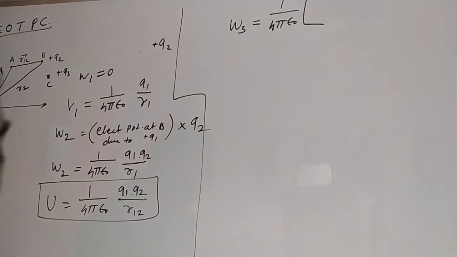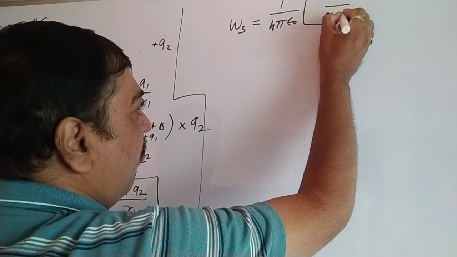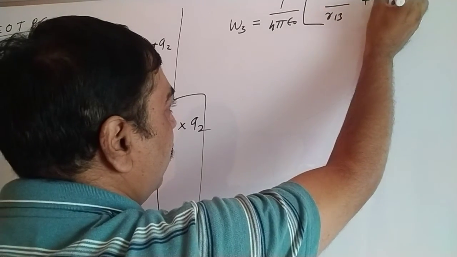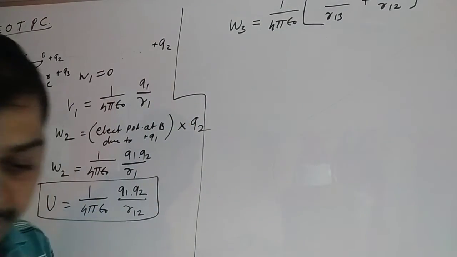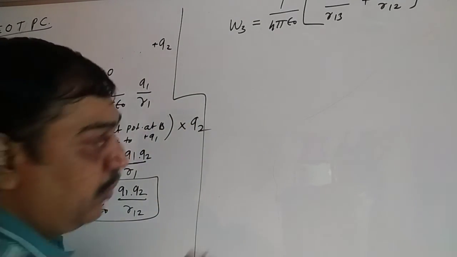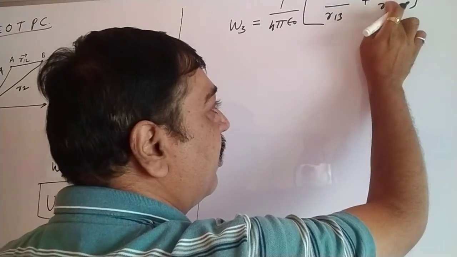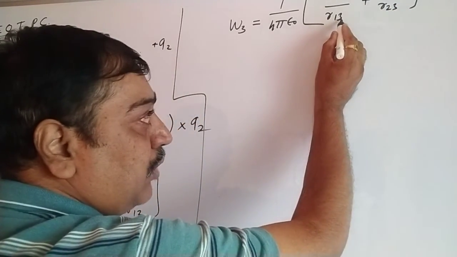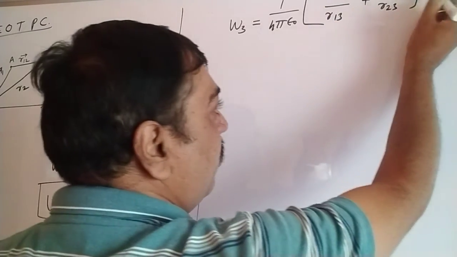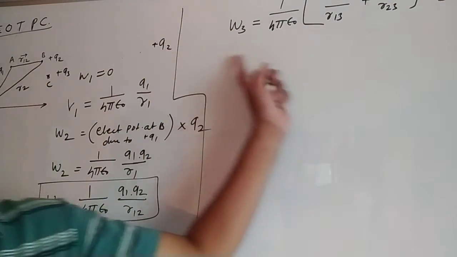So we can write in the bracket Q1 divided by R13 plus Q2 divided by R23. Not 1, 2, it is 2, 3: the distance from first charge to third, second to third, into the magnitude of the charge which is moved, Q3. So we get this as the work done.